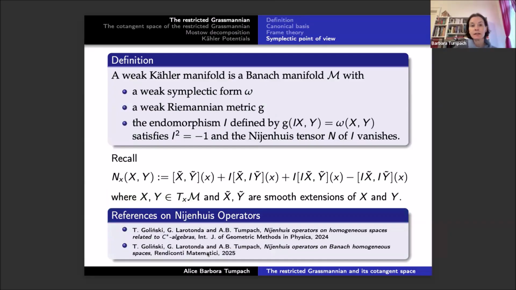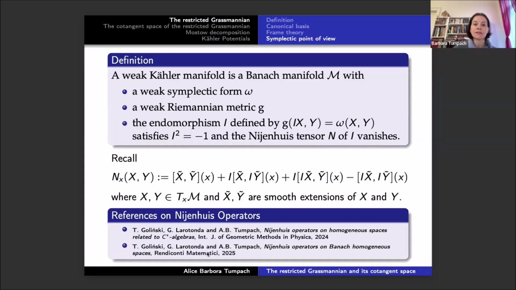What I will need is actually the definition of a Kähler manifold. So a weak Kähler manifold is a Banach manifold endowed with a weak symplectic form, and also a Riemannian metric G. So a Riemannian metric is a symmetric form at each tangent space, which varies smoothly when we change the foot point.